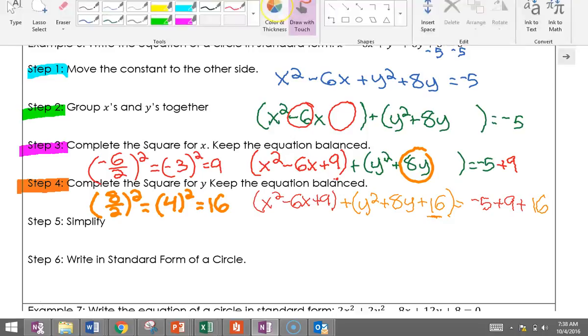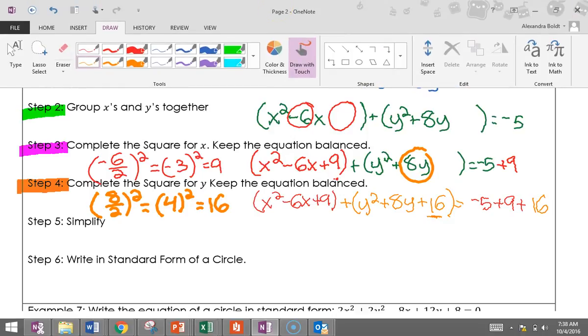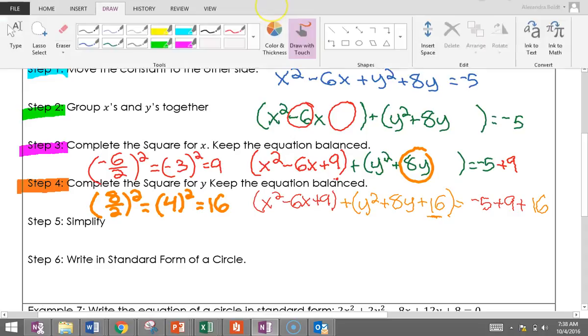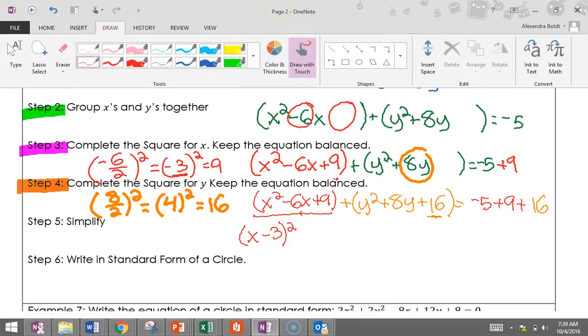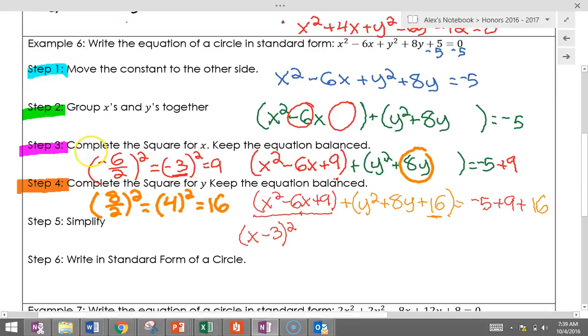Then my last step is to simplify. I'm going to look at this part first. This simplifies using this number here. This is going to be x minus 3 squared, because this number is -3.